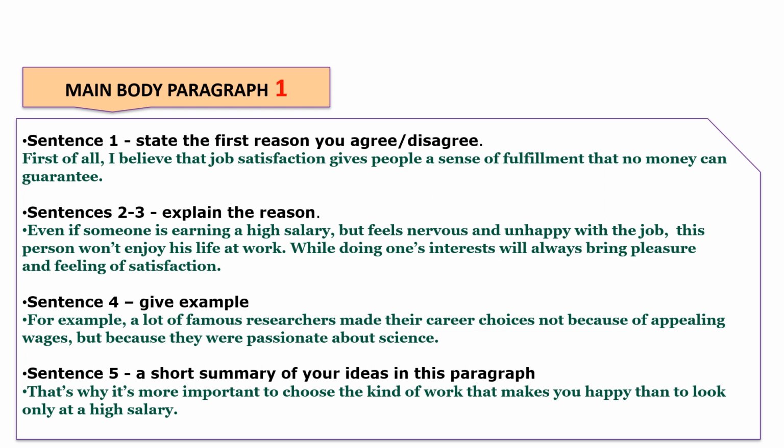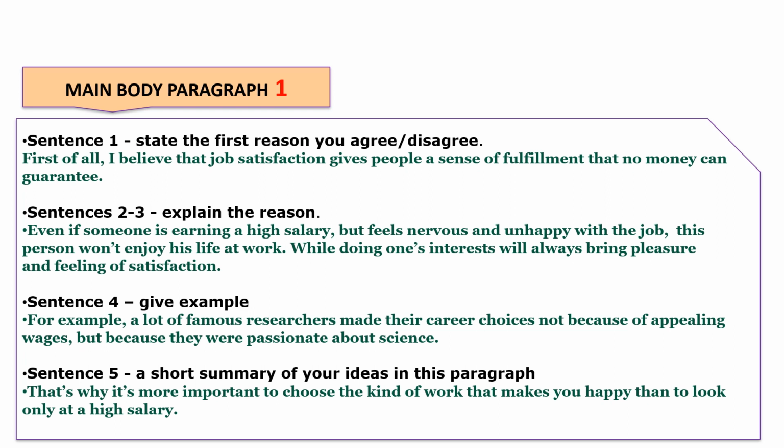Finally, you will give a short summary. That's why it's more important to choose the kind of work that makes you happy than to look only at a high salary. Or the extra reasons which you have given there can be included here. You can say, in addition, the second reason, moreover, the third reason, which I showed you in the previous video and in this video previously.